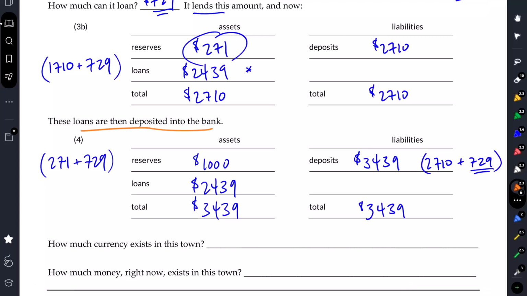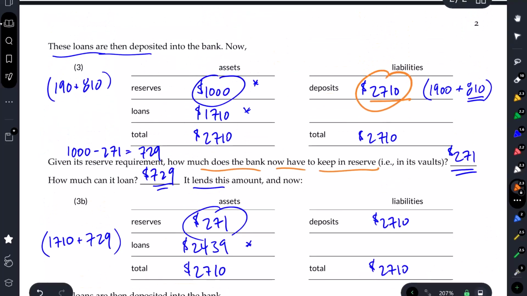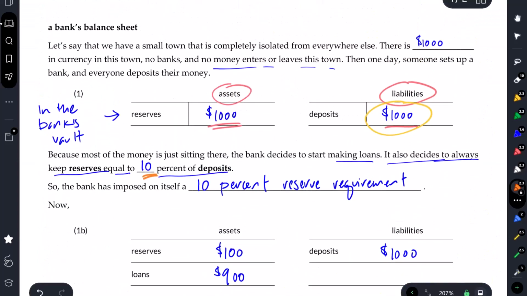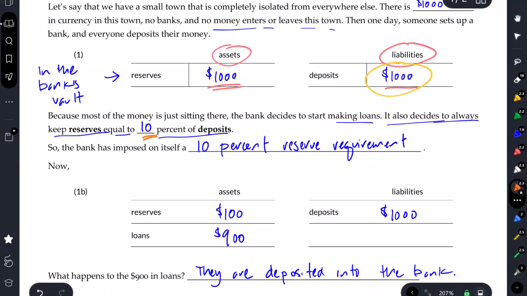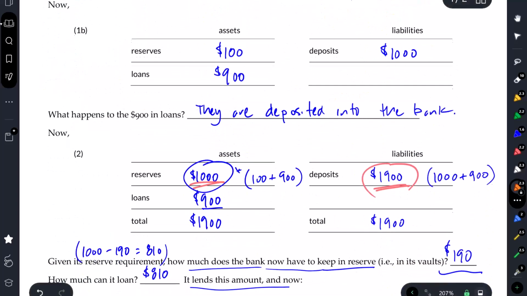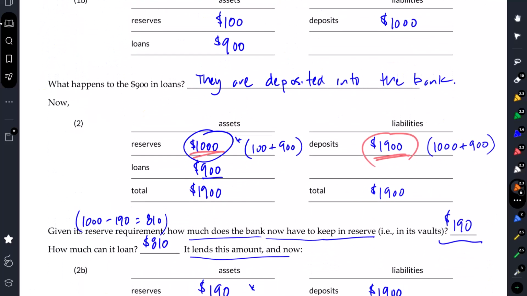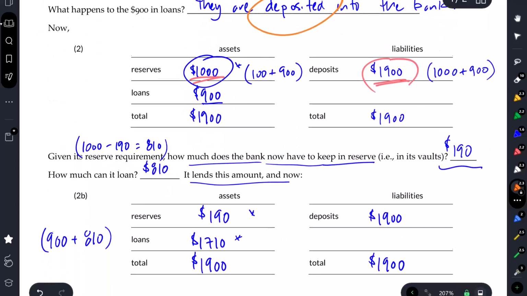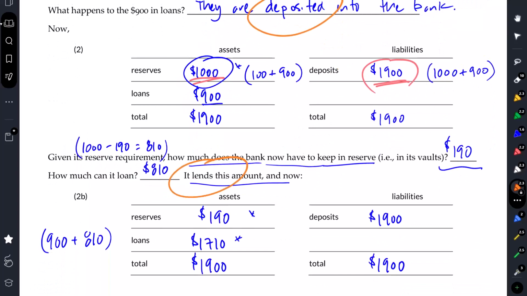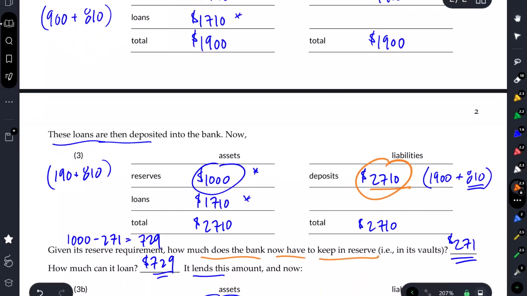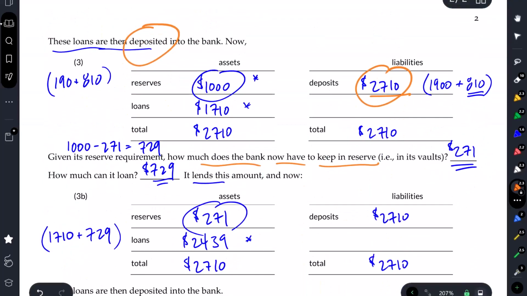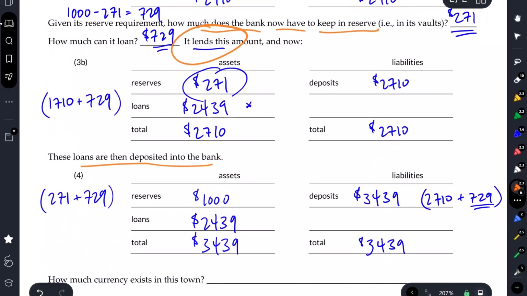But let's look at a few things. So first, for this whole process, the point of having a worksheet and filling it out is so that you can look back over what's going on. And basically, the pattern is deposits are made, the bank makes loans, the loans are deposited, the bank makes loans again, the loans are deposited, it makes more loans.